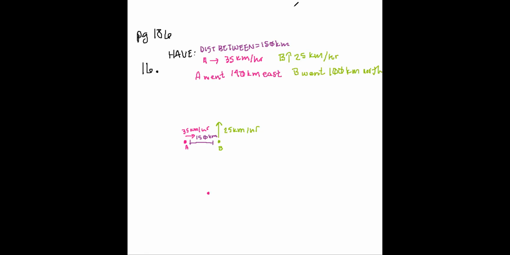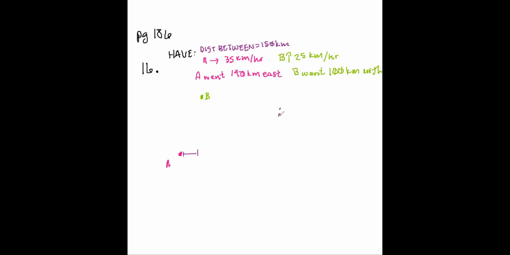And I'm going to erase this initial one that I drew, partially because it's cluttered and partially because I want to draw a little bit bigger now. So 150 was initially the distance that they were separated, right?